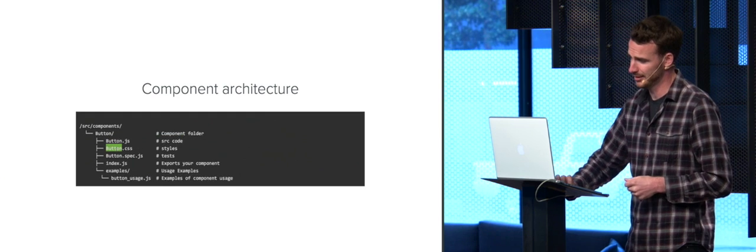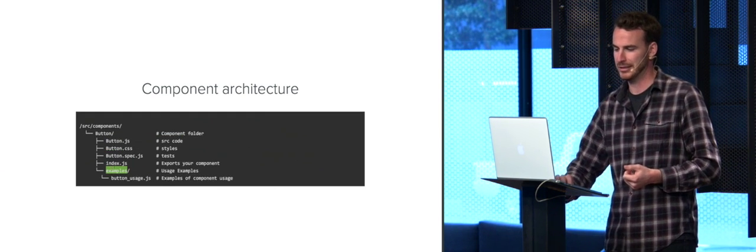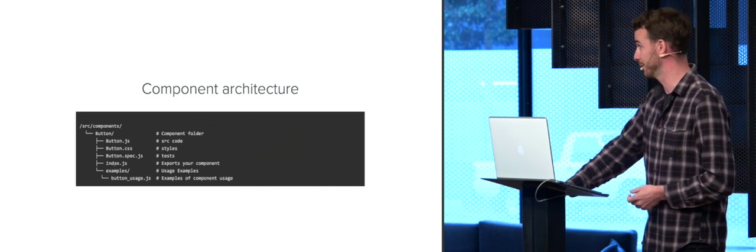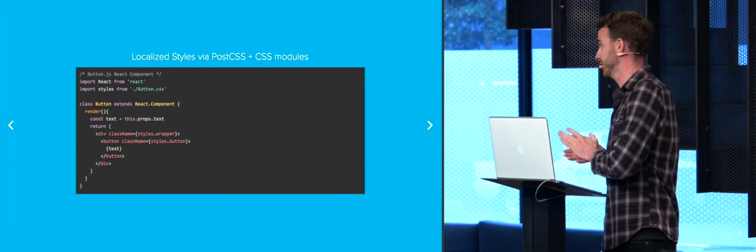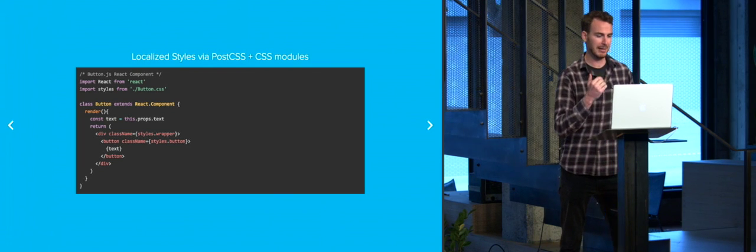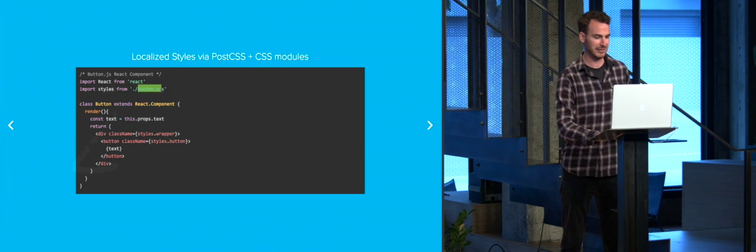We have the CSS associated with that, a test file, an index file just for easier imports and exports, and we do examples for documentation and what have you. But what this looks like is pretty simple. I'm just creating a button component right here, and I am importing the button.css file.